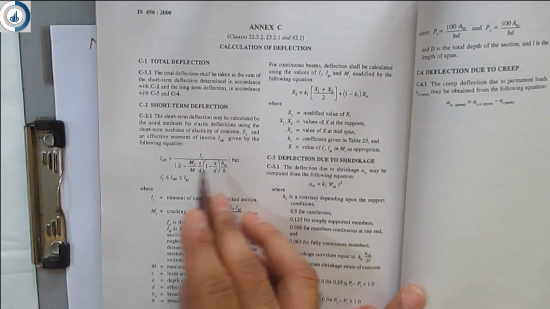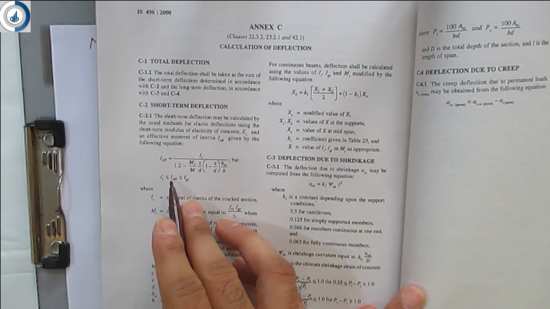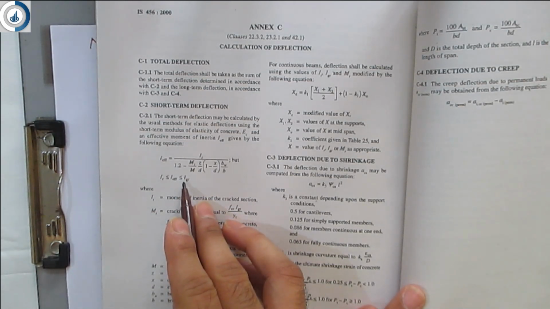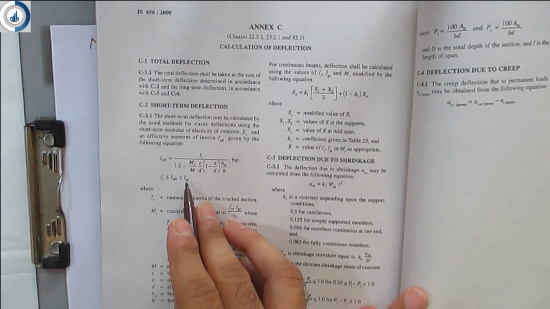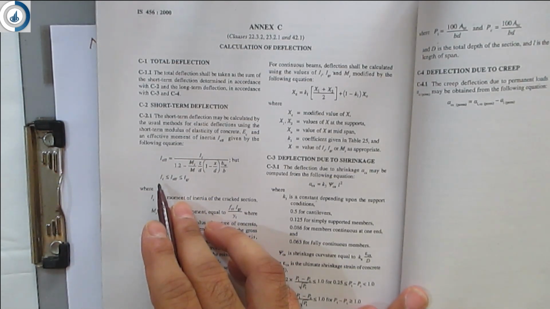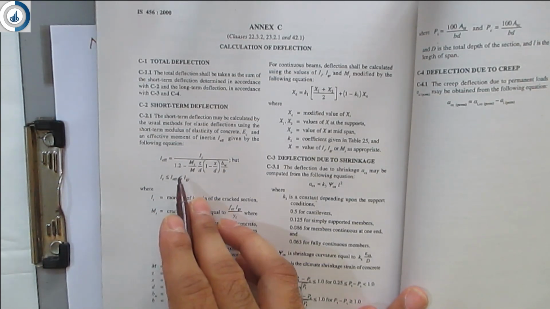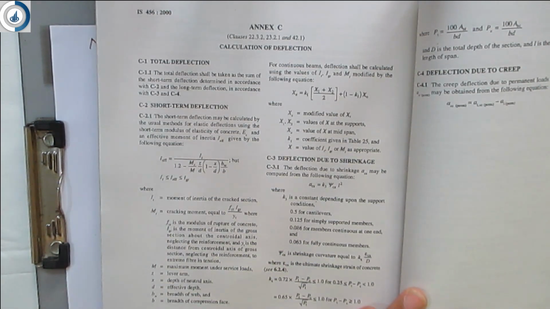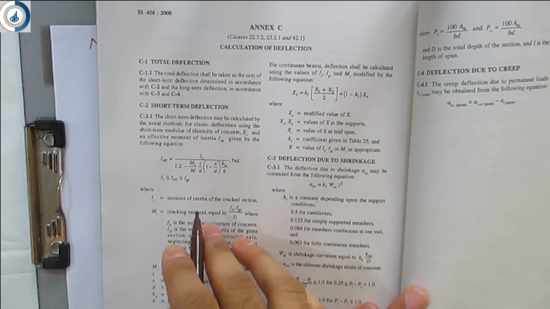And you have to remember that Ir should be less than or equal to effective moment of inertia, which should be less than or equal to Igr. Igr is the moment of inertia ignoring the reinforcement, and Ir is the moment of inertia for the cracked section. So the formula I will just give you to solve the problem. Formulas are not available for this Ir and Igr, you have to remember them.